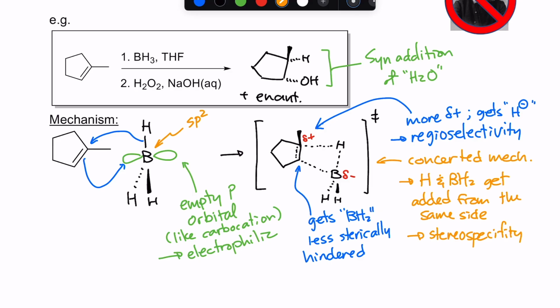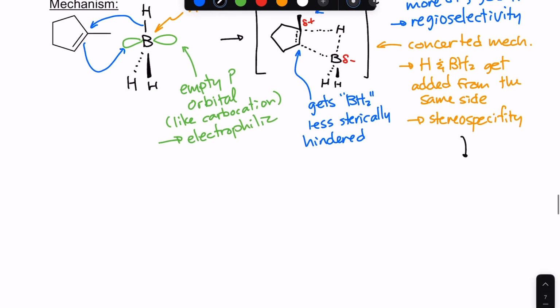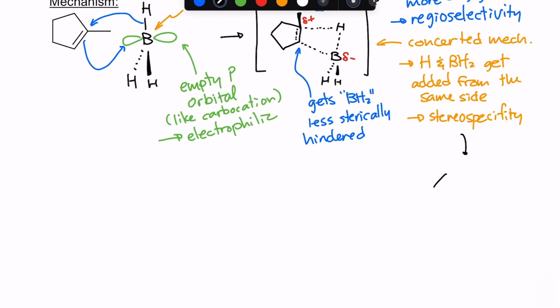Okay, so what do you get from that? Well, from that transition state, you get hydrogen and BH2 added on the same side, of course, plus enantiomer.